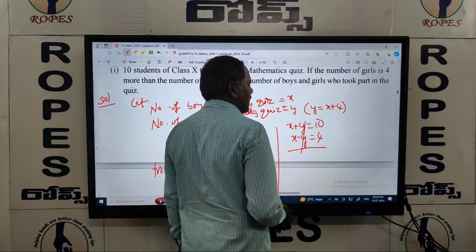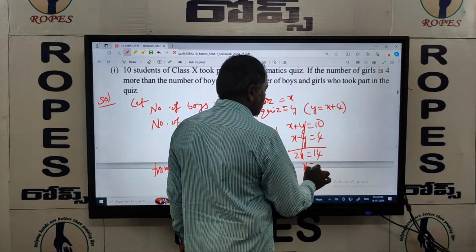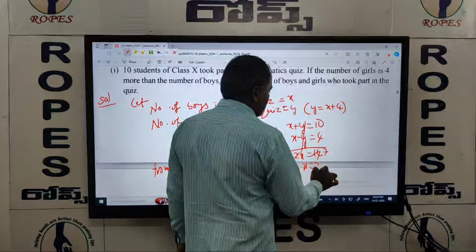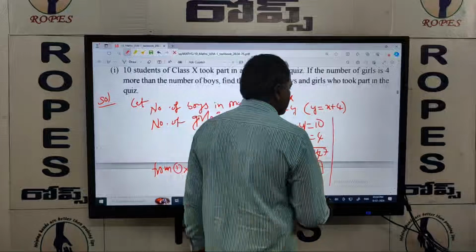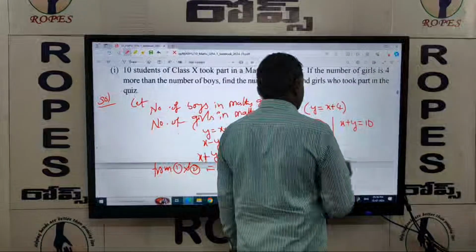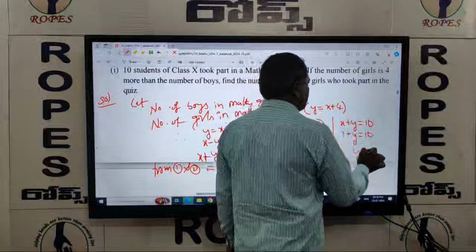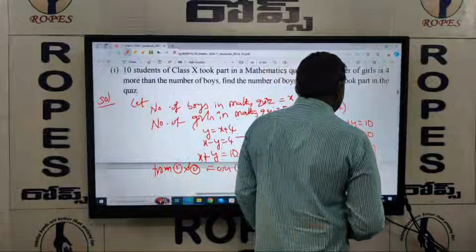From this Y cancels, 2X is equal to 14, X is equal to 14 by 2, which is 7, so 7 members. From X plus Y is equal to 10, 7 plus Y is equal to 10, so Y is equal to 3.